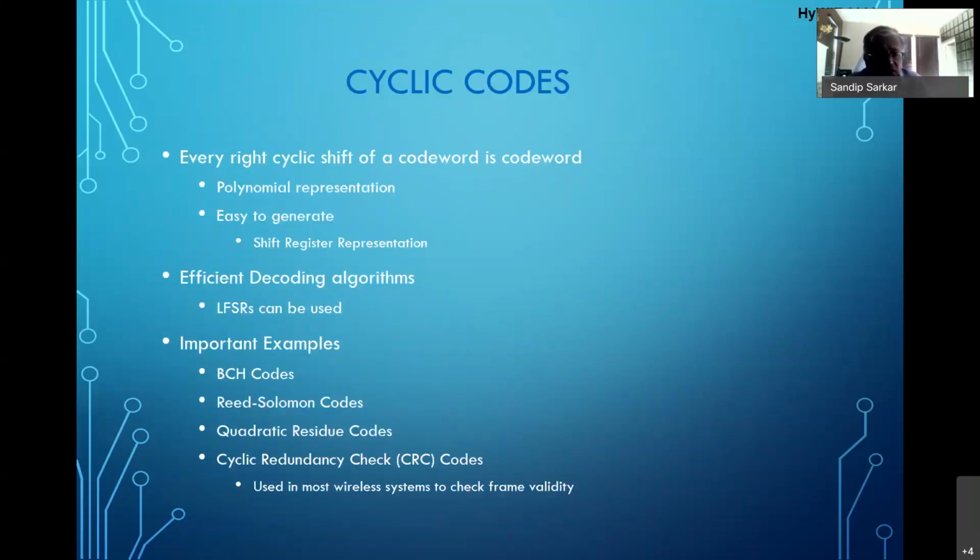Cyclic codes are also used fairly often in 3GPP, where every right cyclic shift of a code word is also a code word. These are easy to generate with a shift register, and you can have good decoding algorithms. LFSRs are used, and important examples are BCH codes, Reed-Solomon codes, and quadratic residue codes. Most of these are used in CRC.